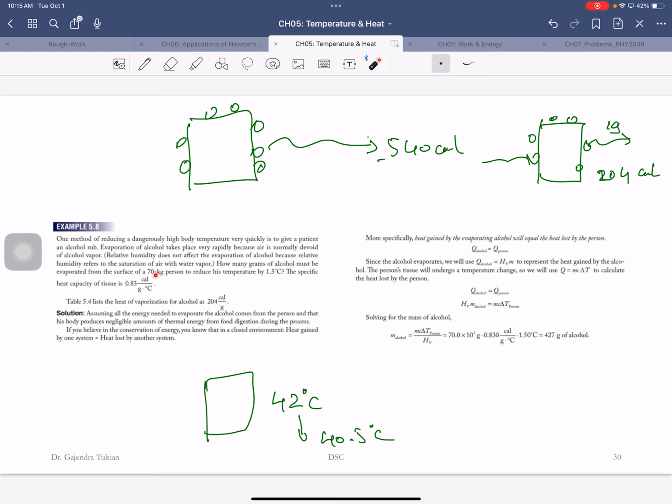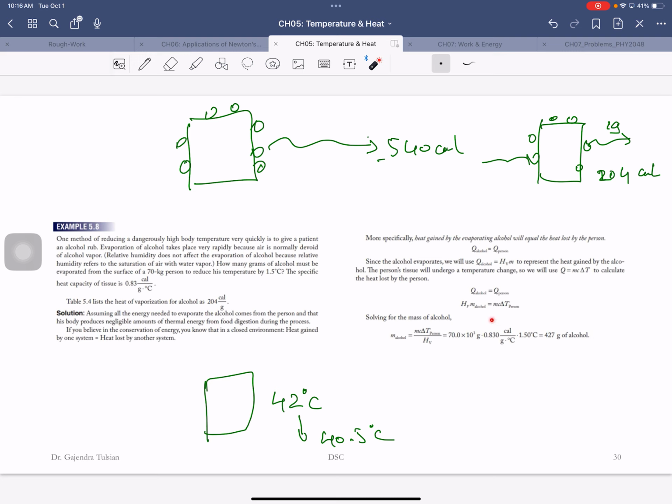So you want to reduce the temperature by that much. Here's the specific heat. So the amount of heat you want to remove, you just need to have a sense for this. So there is the mass, 70 kg, converted to grams. There's the specific heat, calories per gram per degree Celsius. That's the specific heat of a body. And you want to reduce the temperature by 1.5 degrees Celsius.